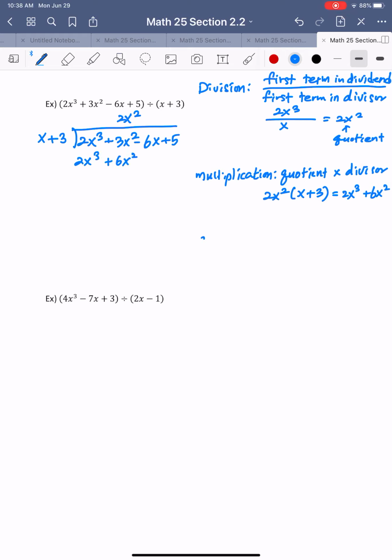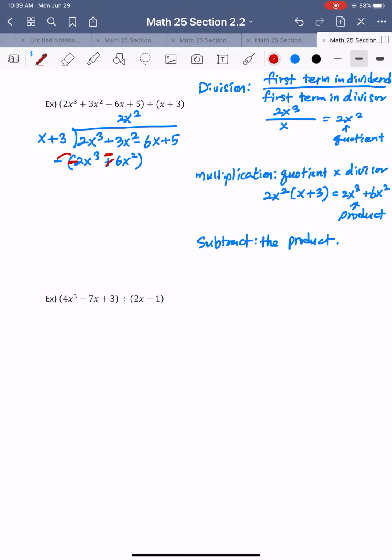Then, of course, we have to subtract. We're subtracting the product, because you multiplied to get it. You're subtracting the whole product, which means you're subtracting this term and this term.